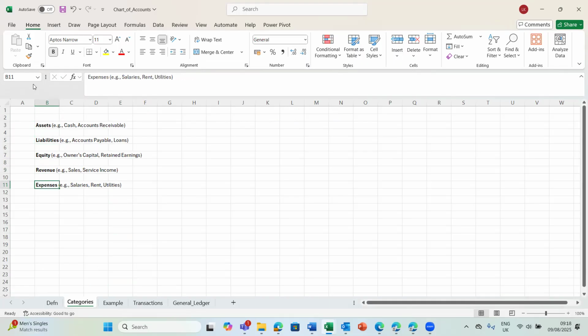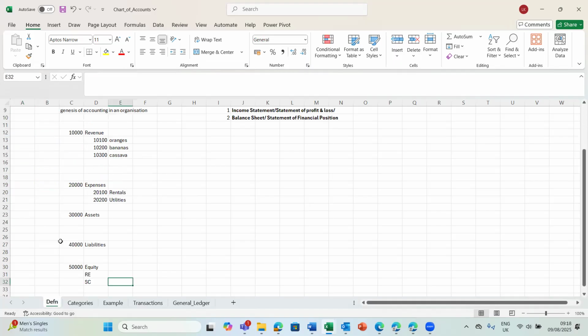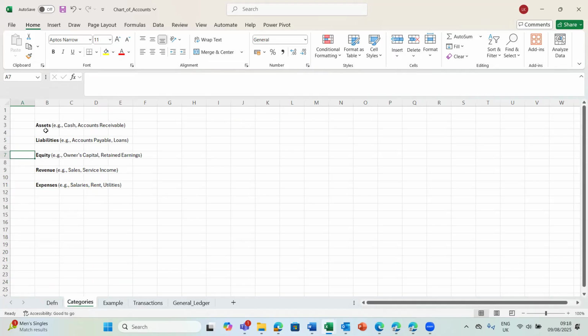These are the categories you have under the chart of accounts, and each of these will have their codes, as I put here. Later, under assets, these will be subcategorized. Okay. Thank you.